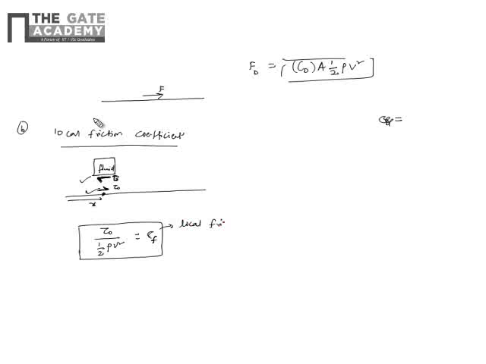This depends on a function of x, because your shear stress can change, and half rho v square is constant because v is the free stream velocity, far away, so that is all constant. So it all depends on tau naught, how your wall shear stress or plate shear stress varies. So we have defined two important points, the boundary layer thickness and the local friction coefficient.